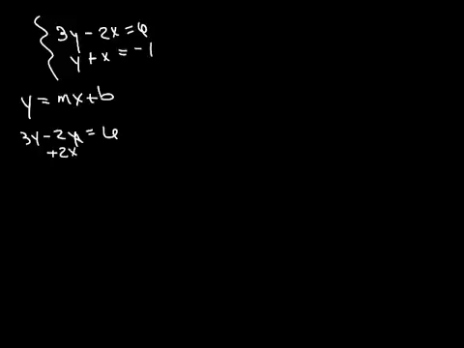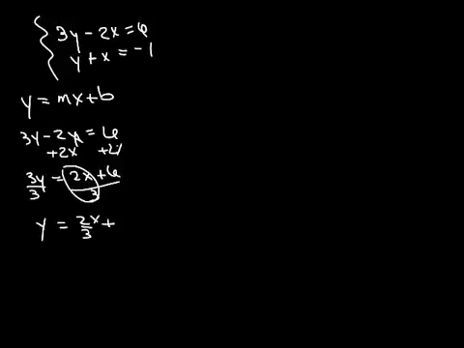So we add 2x, and we get 3y equals 2x plus 6. Divide by 3, divide by 3, y equals, and then we split these up: 2/3 x plus 6 over 3. 6 over 3 is 2. So there is the first one in slope-intercept form, y equals 2/3 x plus 2.